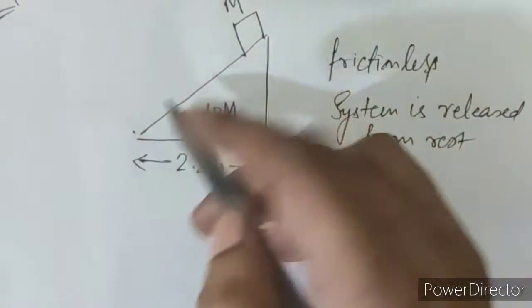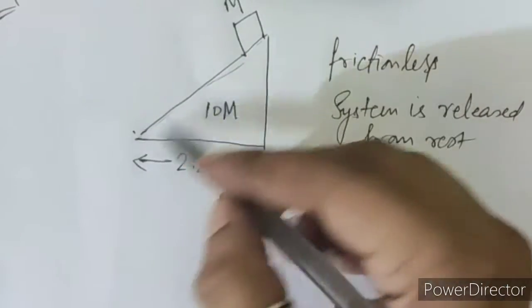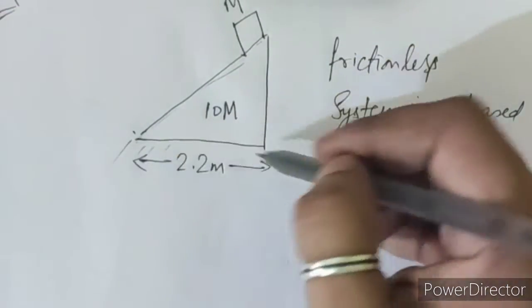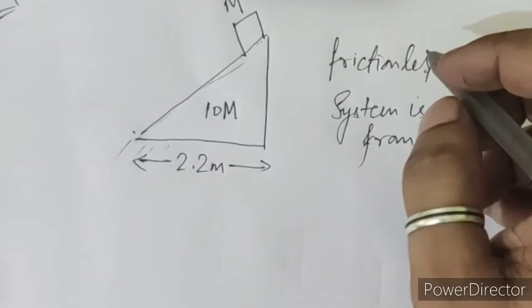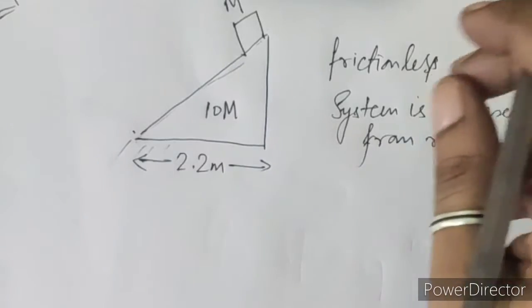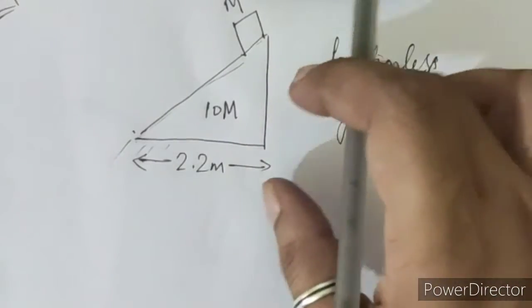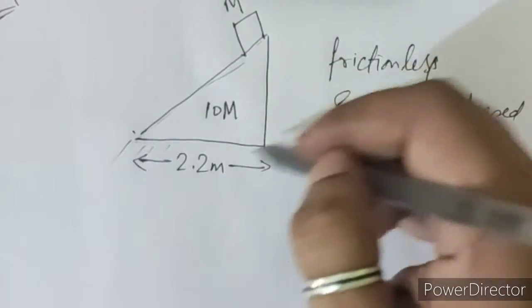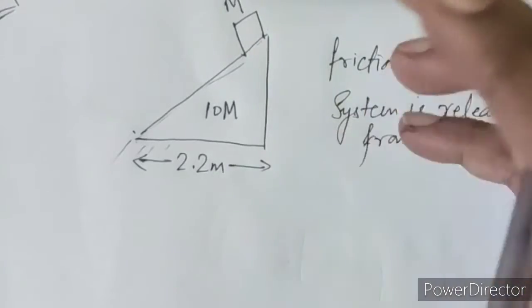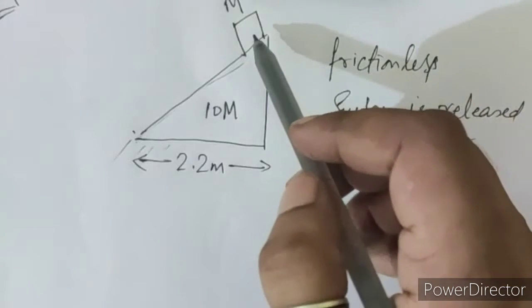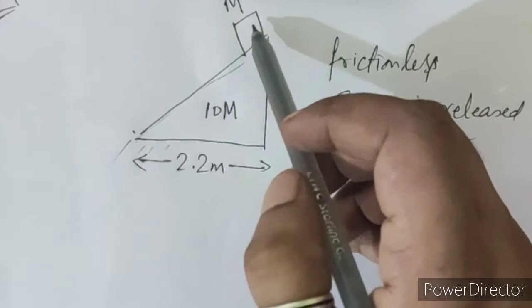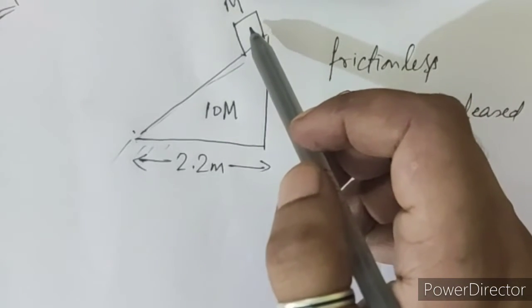All the surfaces, like this and the ground, are frictionless, so there is no friction. Now we want to release this system from rest. Initially the whole system is at rest, and we want to calculate, when the system is released from rest, how much distance the smaller mass will travel.